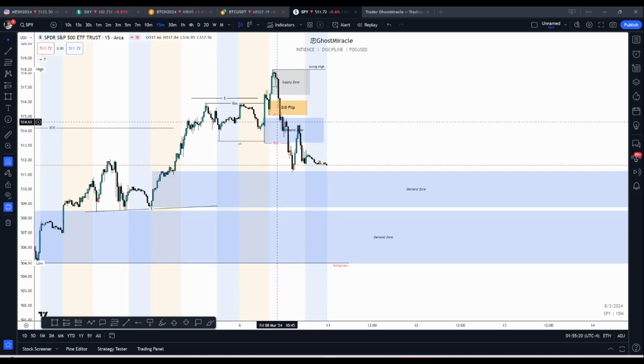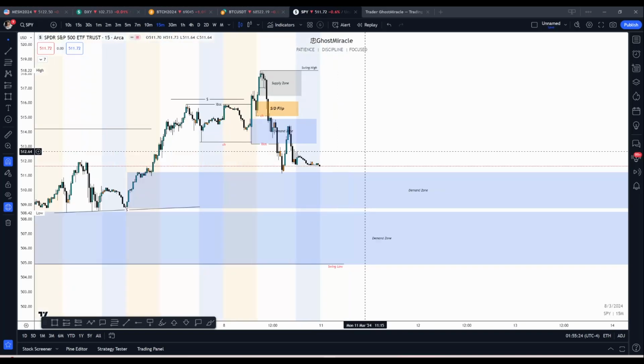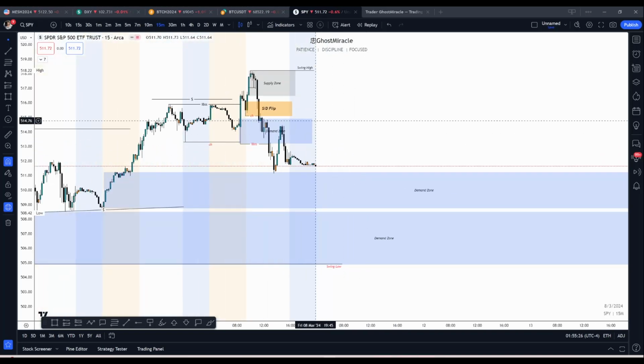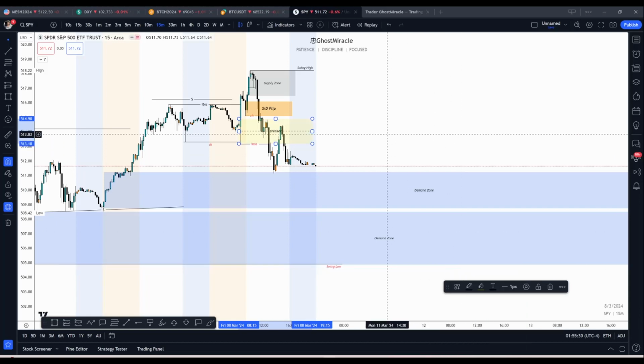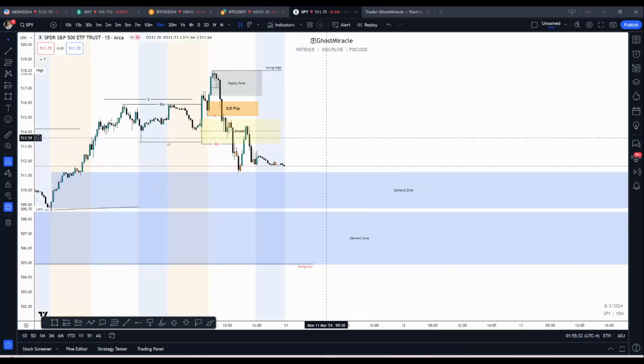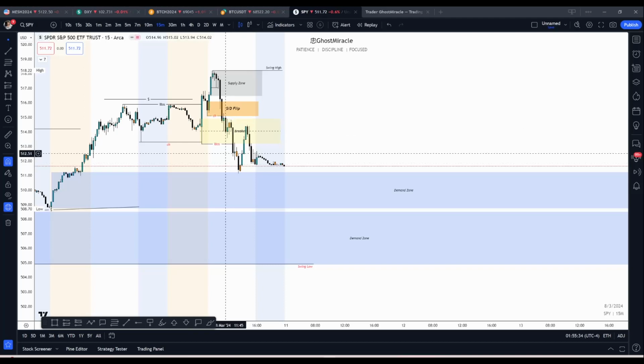Which at the same time, as you're marking up your demand zones, this demand zone technically became another breaker, right?